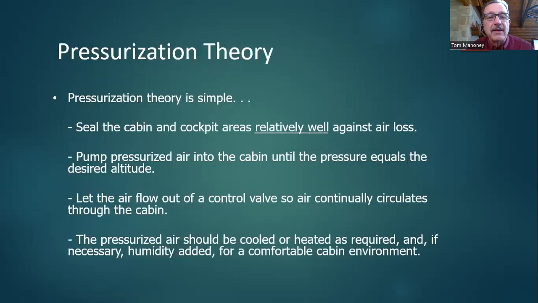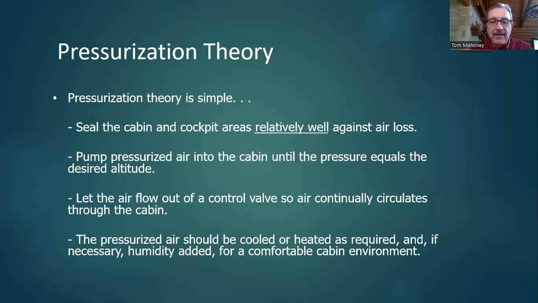So the pressurization theory is simple. All you're trying to do is seal the cabin and the cockpit areas relatively well against air loss. That doesn't mean it's perfectly sealed. You pump pressurized air into the cabin until the pressure inside equals the desired cabin pressure altitude to represent something 8,000 feet or below.